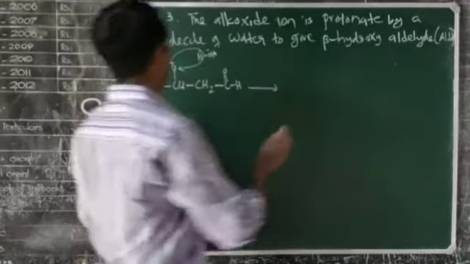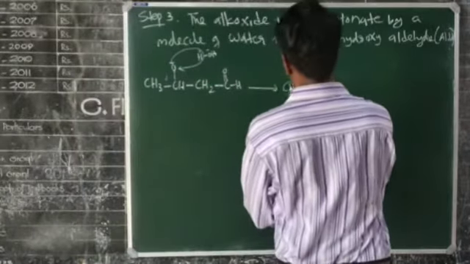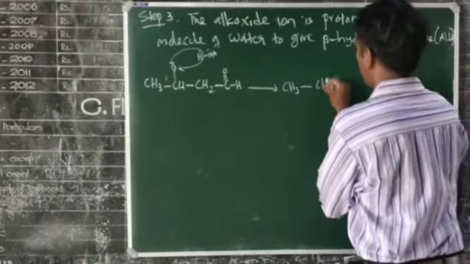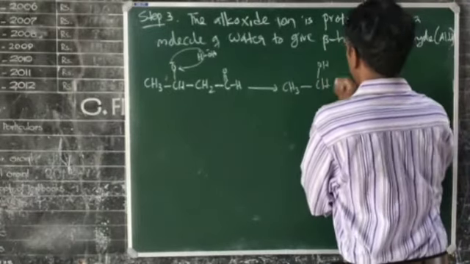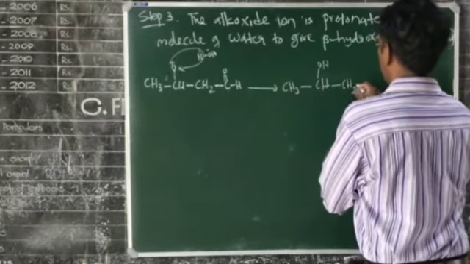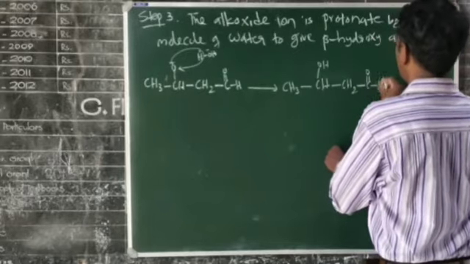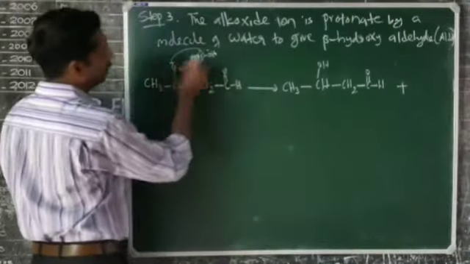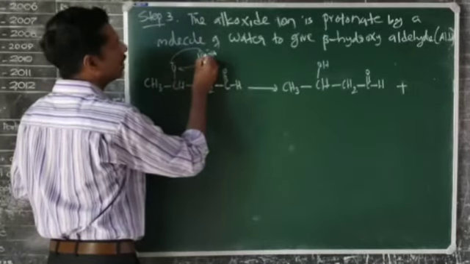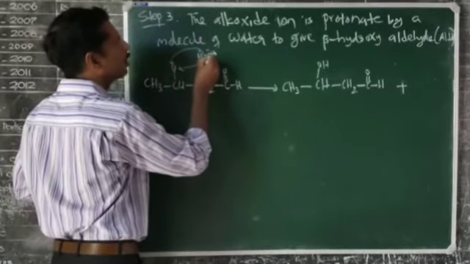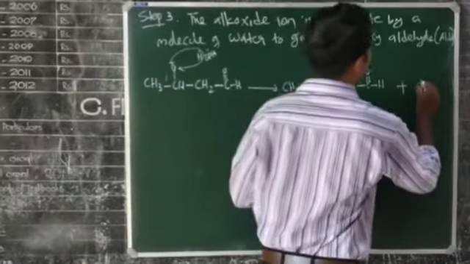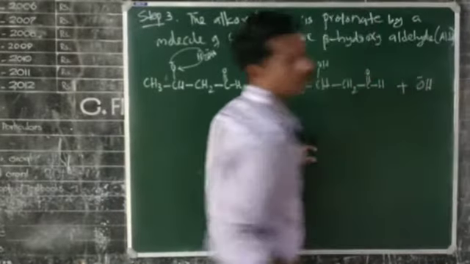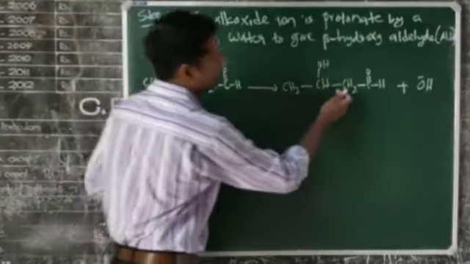So we get CH3, and this will change into CHOH, then CH2, C double bond O, H. Here the H plus is taken by O minus, plus OH minus.